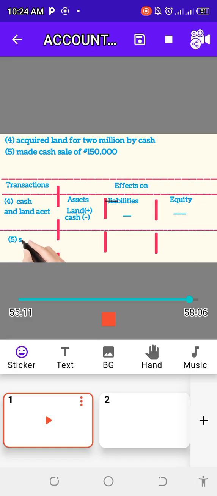Now the two accounts involved in transaction 5 are the sales account and cash account. Cash is an asset, so asset increases. Liability was not affected. What of equity? Did it affect equity? Yes, it affects equity, because when there is sales, there is what? Revenue. It's a revenue item. So equity increases.